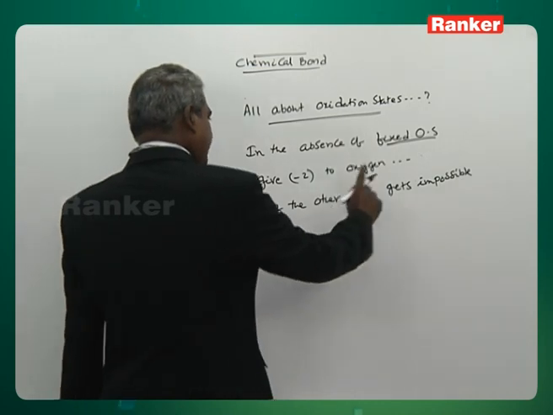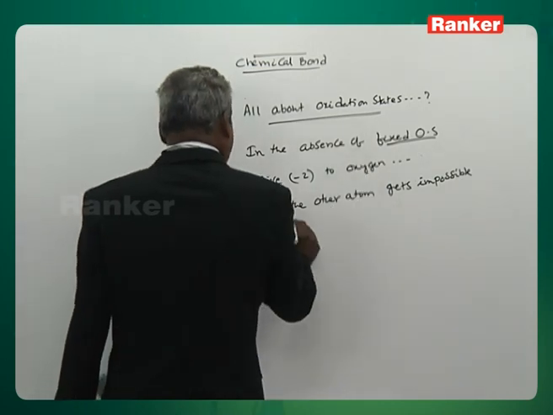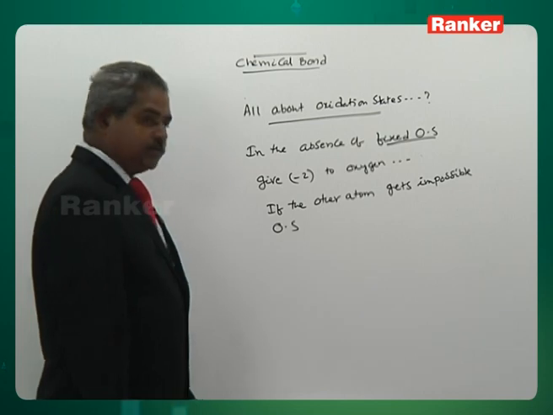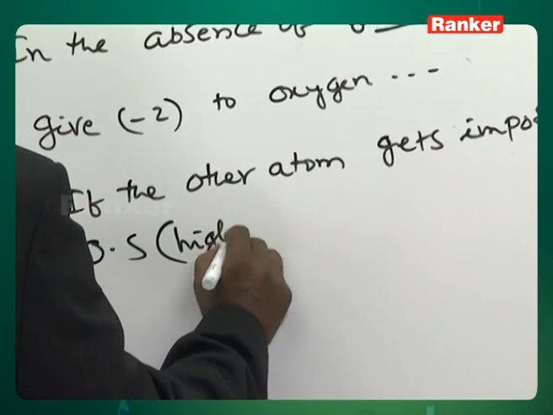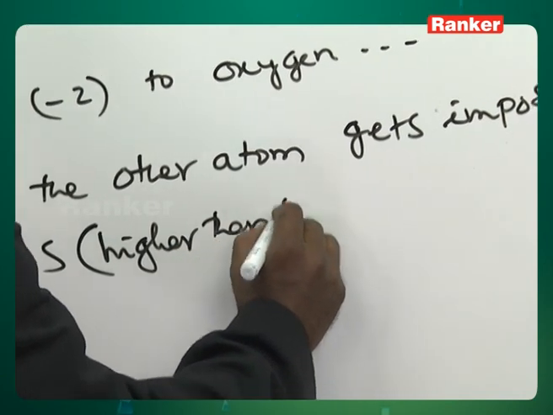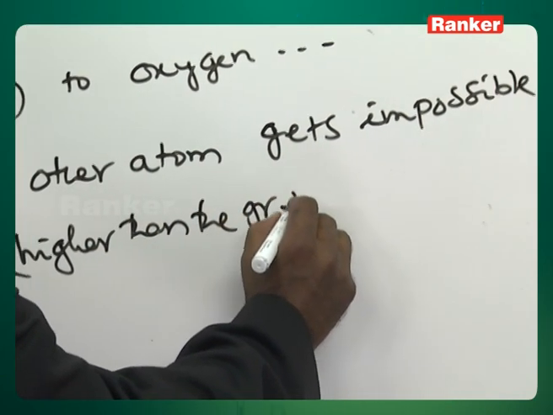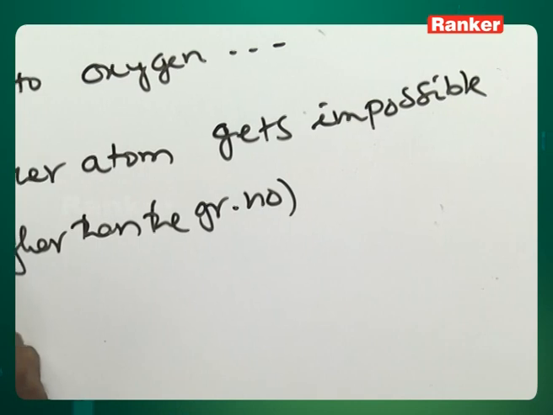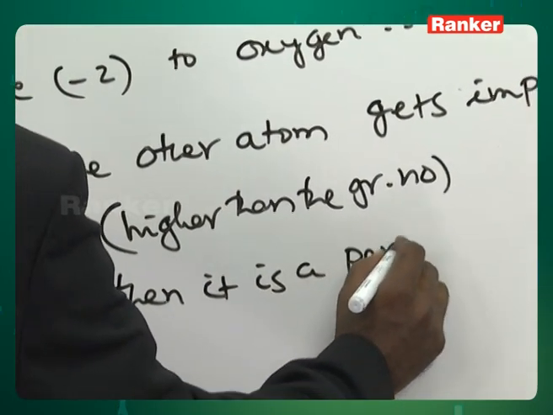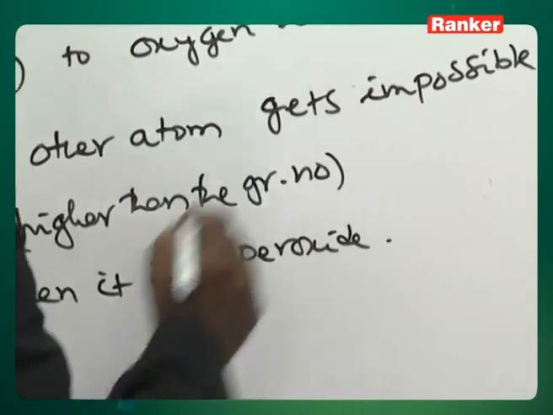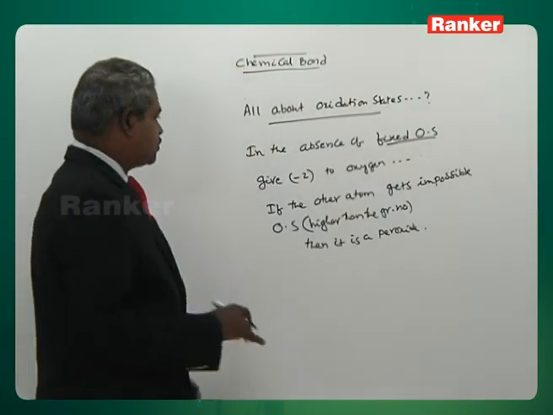If the other atom gets an impossible oxidation state, what do I mean by impossible? Higher than the group number, then it is a peroxide, meaning oxygen becomes minus 1.